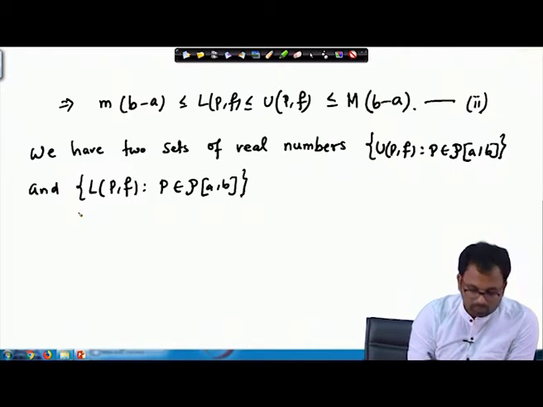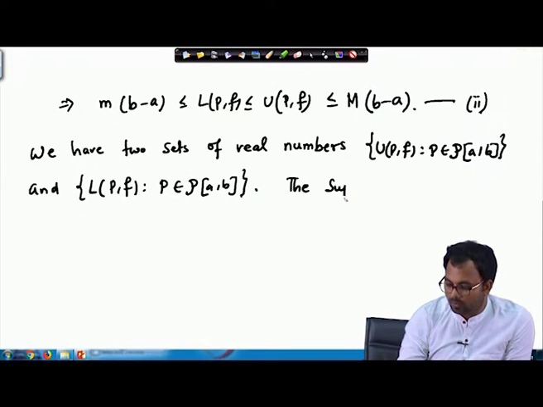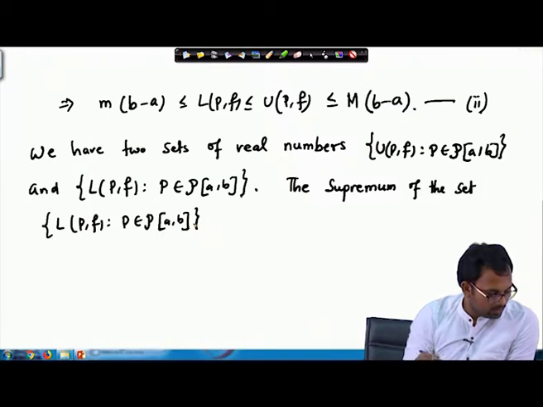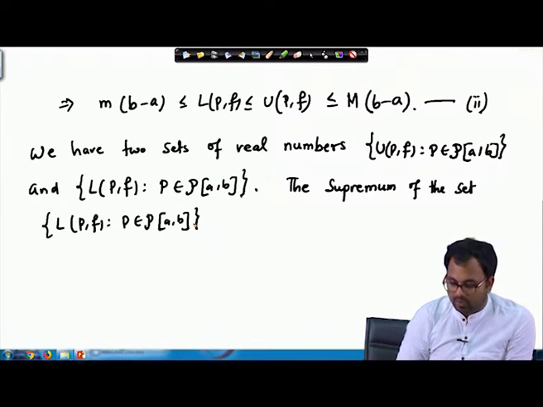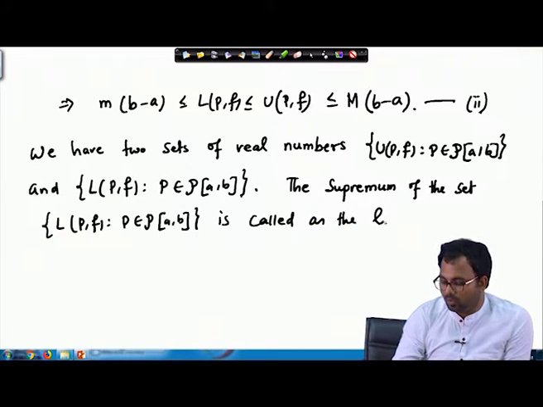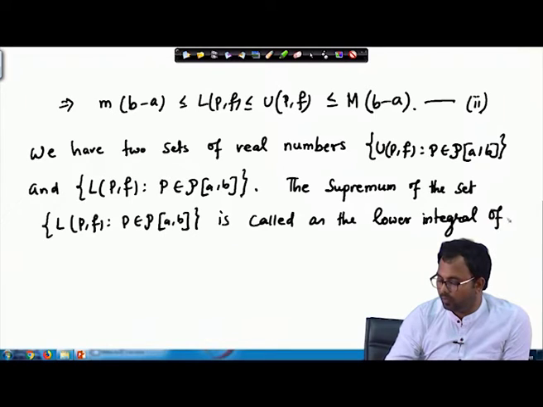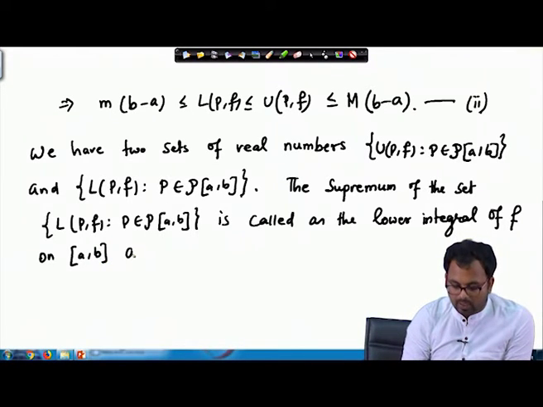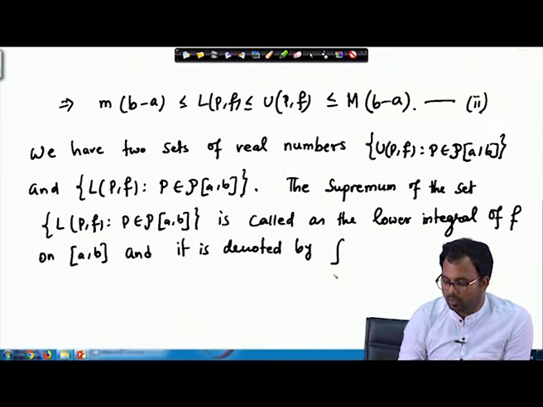So, the supremum of the set LPF such that P is in curly P of a b is called the lower integral of f on the closed interval a comma b, and it is denoted by the integral from a to b.